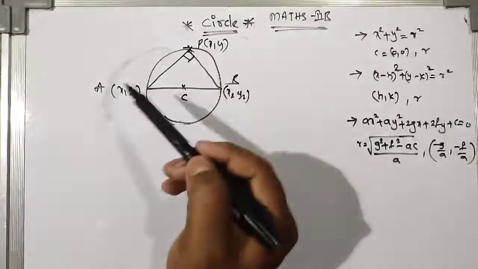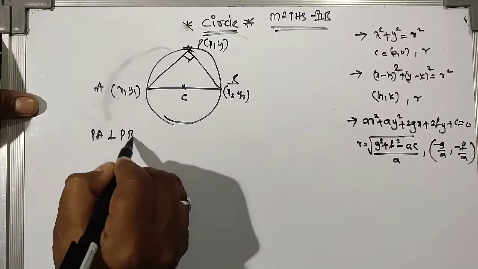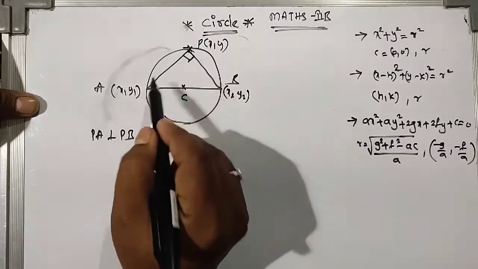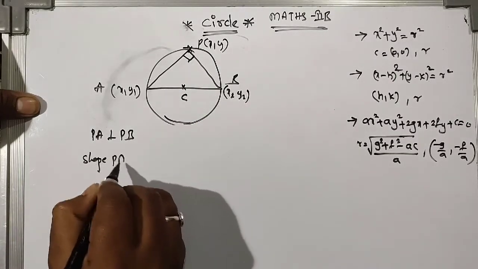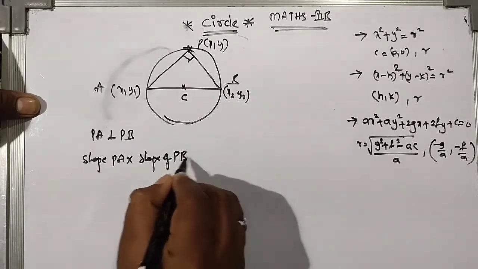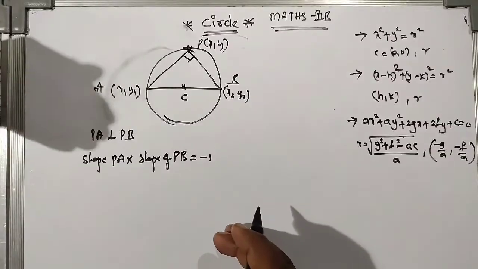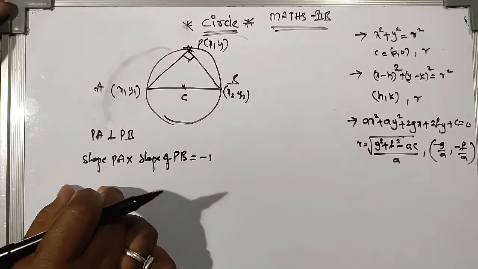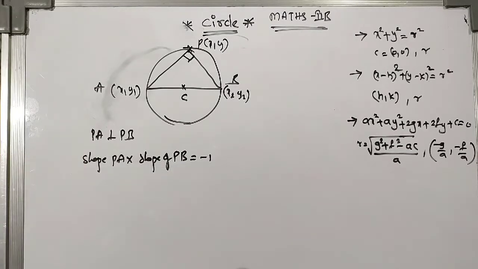PA and PB are perpendicular to each other, so the slope of PA into the slope of PB is equal to -1. We already learned this in the first year. The slope of PA times the slope of PB is equal to -1, because PA and PB are perpendicular.